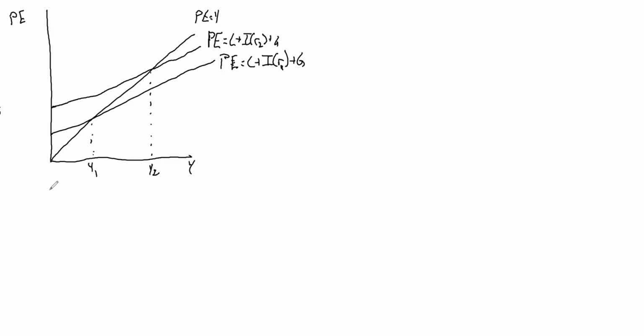And so we can take that and graph that to a relationship between the interest rate R and total income Y. And so we were initially at this point Y1, and we'll say that we started at interest rate R1. We were initially at this point right here.